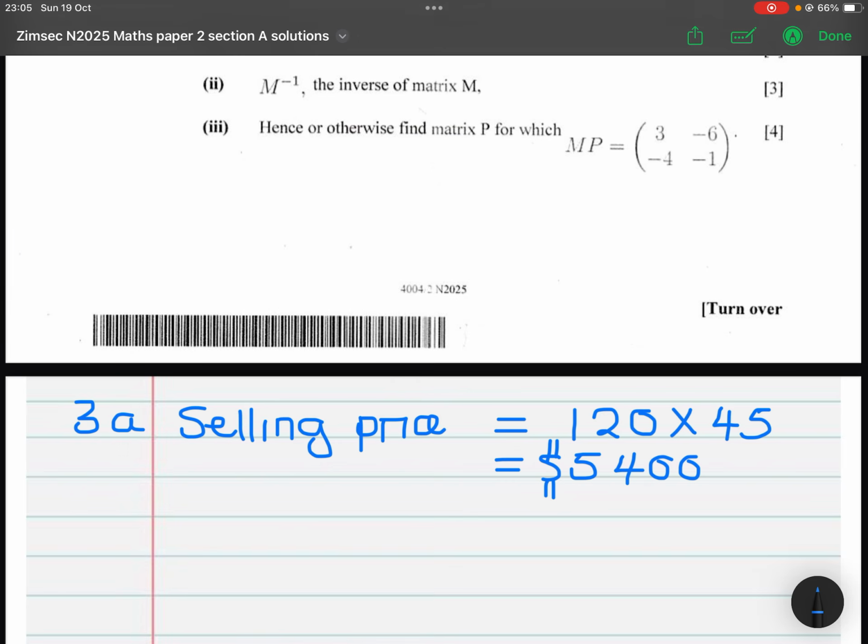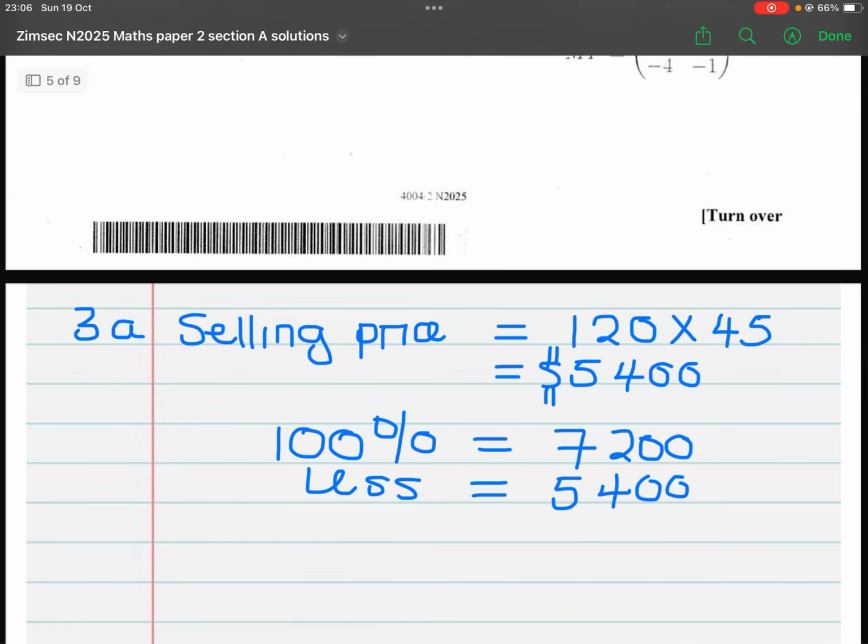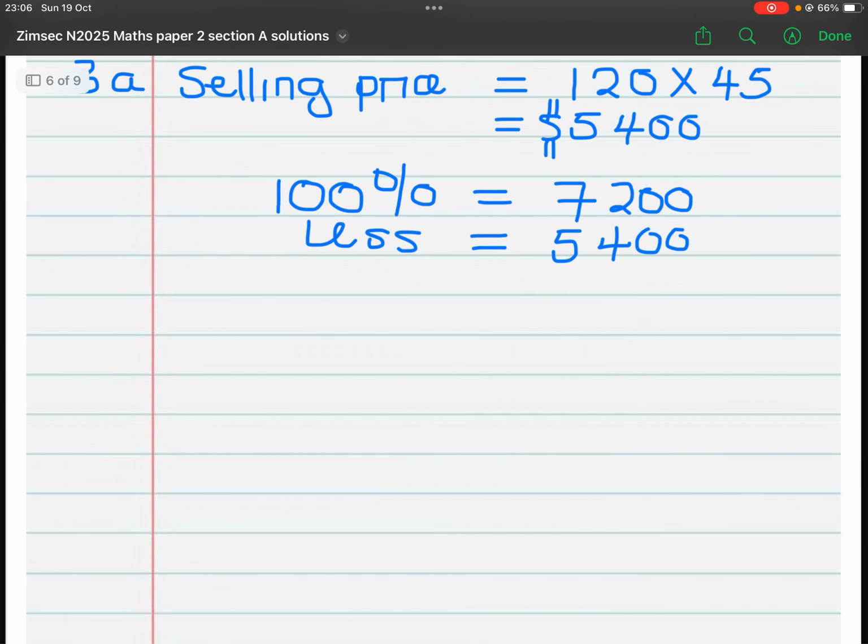The buying price is 7,200. It is considered as 100%. So we say 100% is equivalent to 7,200. So we need to find the equivalent of 5,400. This is going to be less, right? So we apply the proportion.